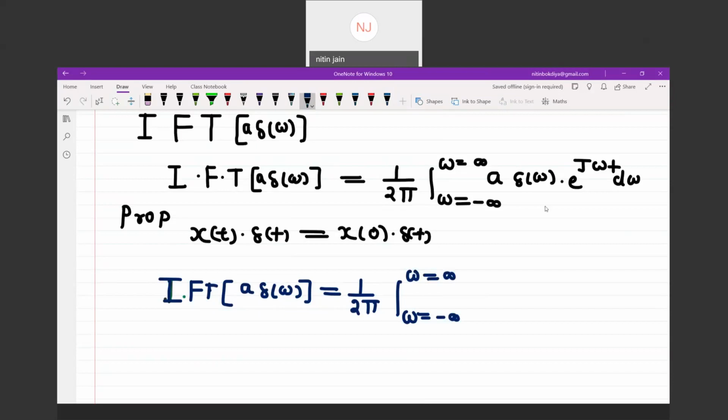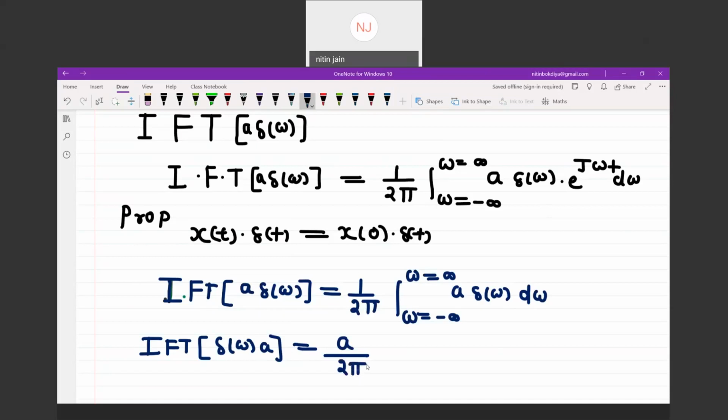When you put omega equal to 0, it's only a del of omega into d omega. So I can say the inverse Fourier transform of a del of omega is a by 2 pi.